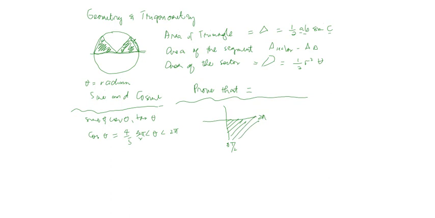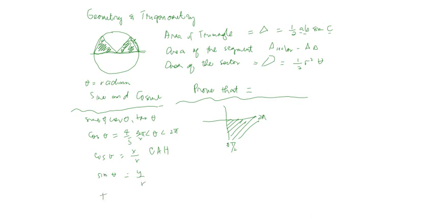So okay, we know that cosine theta is equal to x over r, where r is the radius and x is the adjacent. Remember SOHCAHTOA. Cosine is adjacent over hypotenuse, so r is the hypotenuse. If we're going to find sine theta, that's going to be y, the opposite, over the hypotenuse.